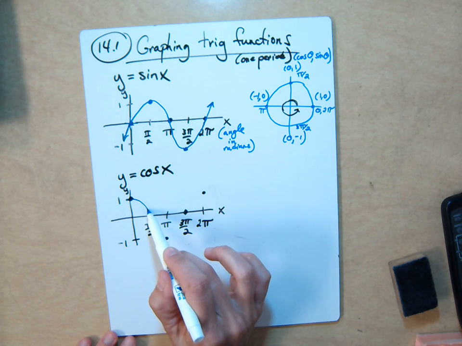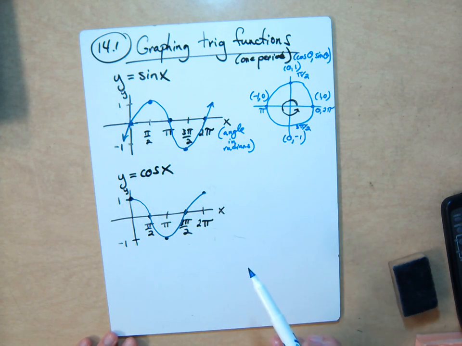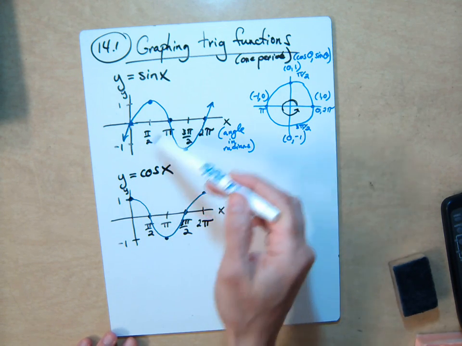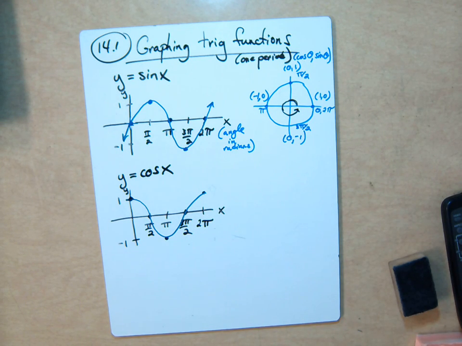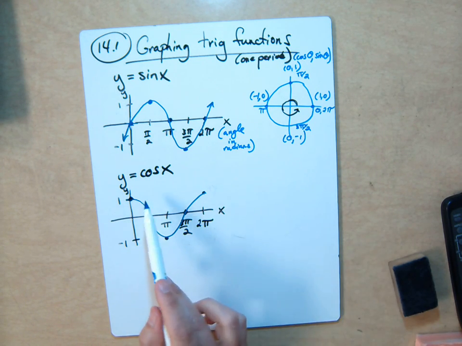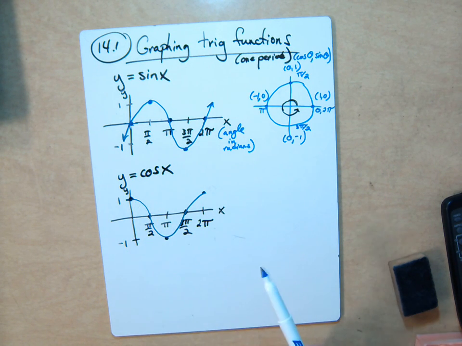So cosine, you have to just know the shape in your mind. It starts at the highest point and then it goes down from there. But everything else about it is the same. It's just shifted. It's actually shifted from sine, it's shifted to the left by pi over 2. So you can translate one to the other, actually.